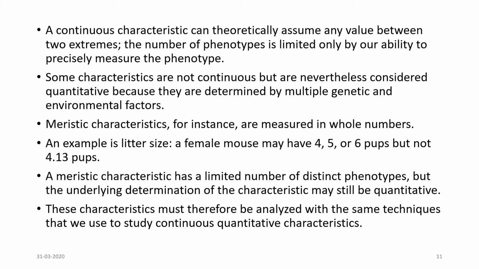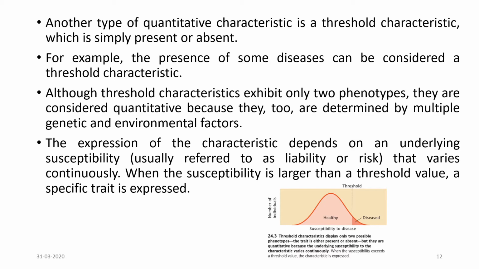For example, litter size: the number of offspring of a female mouse is always a whole number. A meristic character has a limited number of distinct phenotypes, but the underlying determination of the characteristic may still be quantitative. These characteristics must therefore be analyzed with the same techniques that we use to study quantitative characteristics.